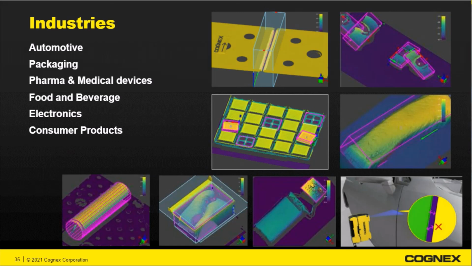I would urge you to get in contact with your local contact and challenge us with any applications you have, whether it's volume measurement of a salmon fillet, as one of the examples shown here, or if you are missing a shoe, then get in contact with us and we'll take a look at it. We can definitely say that we are ready for any industry, whether it's automotive, pharma, or food, whatever it is.